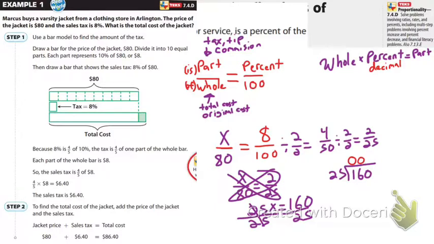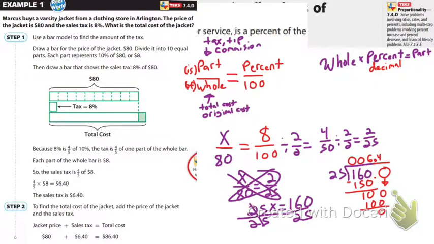Nope, it goes in 0 times. However, 25 can go into 160 6 times, which leaves a remainder of 10. I need to add my decimal point and a 0, and line your decimal straight up, please. That's a common mistake. Bring down that 0, and 25 goes into 100 evenly 4 times.